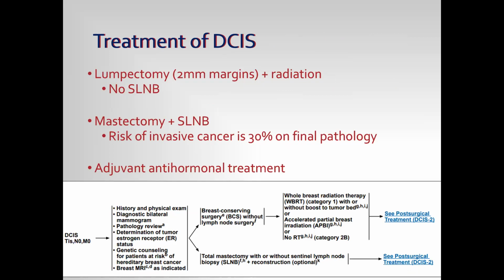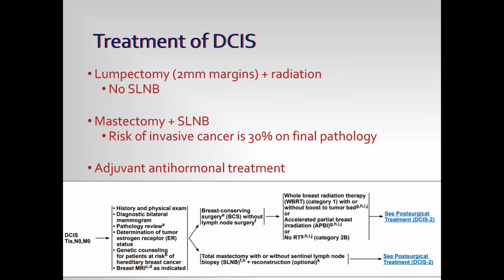Well, from a surgical standpoint, we treat DCIS similar to invasive ductal cancer, where patients get the option for a lumpectomy or a mastectomy. And I'll go into that in a little bit more detail. So if a patient undergoes a lumpectomy, the goal for surgical margins is to obtain a 2 millimeter circumferential clear margin to ensure that no ductal carcinoma in situ remains in that patient's breast.